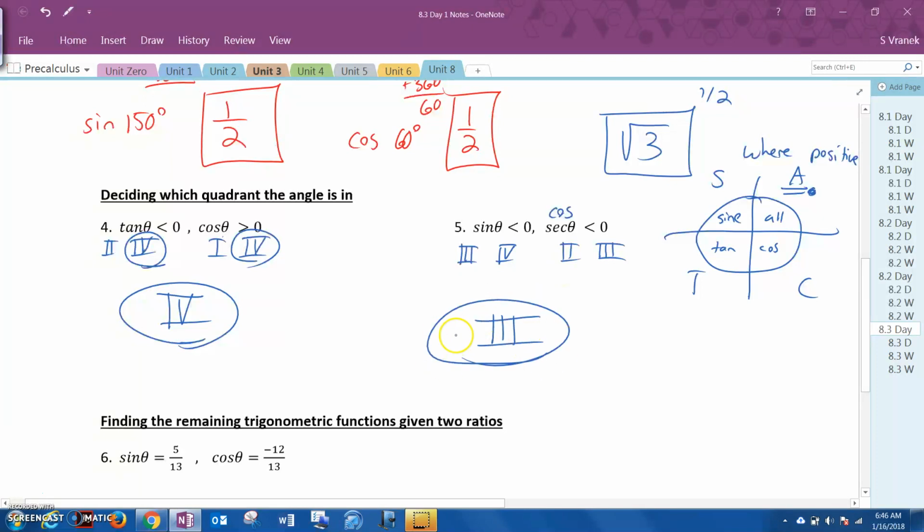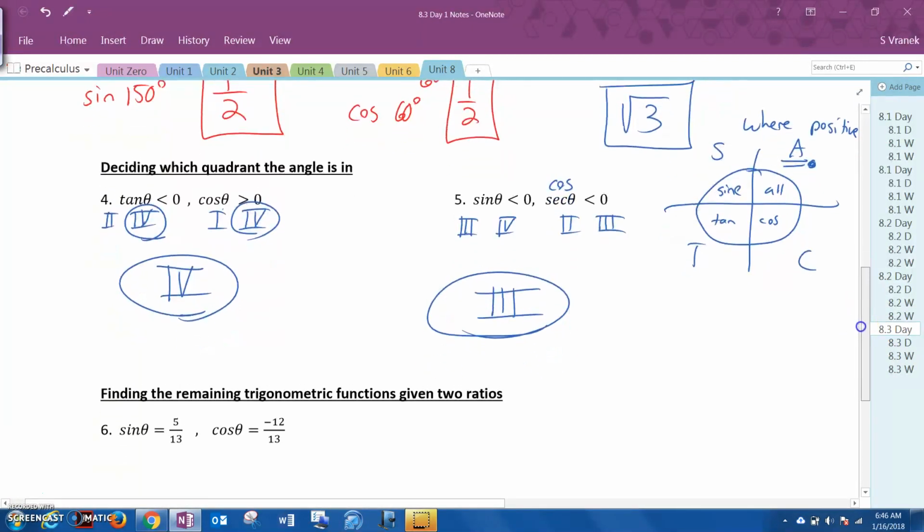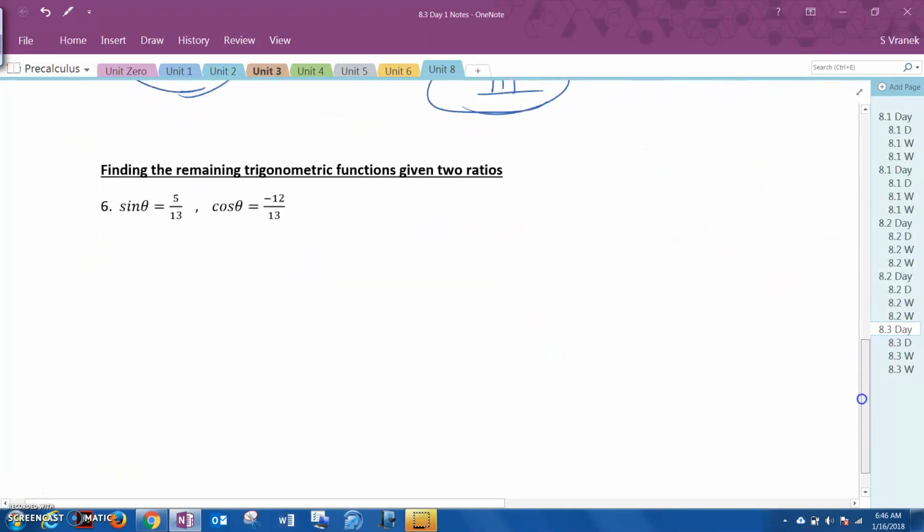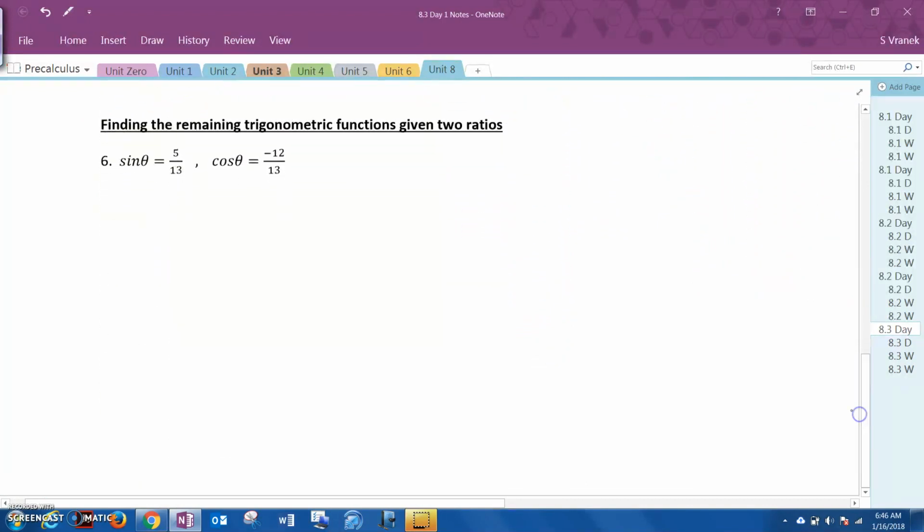The last thing we're going to do is find the remaining trig functions given two ratios. You can draw a triangle here, or you can just use these. If sine is 5 over 13, cosecant has to be 13 over 5.